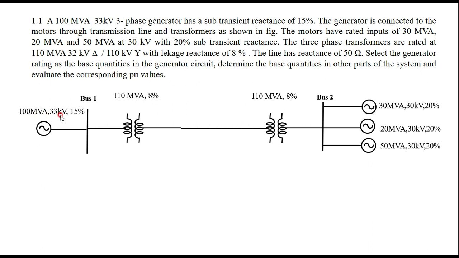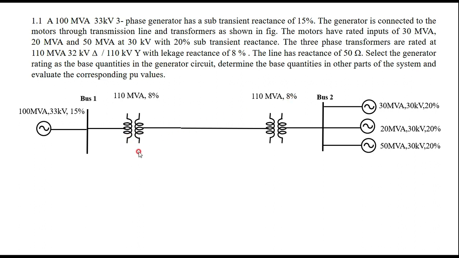It is 100 MVA, 33 kilovolts, 15%, and the 3 motors are 30, 20 and 50 MVA, operating at 30 kilovolts with a reactance of 20%, therefore 20% is written here. And the 2 transformers have a capacity of 110 MVA, therefore I have written 110 MVA, with a leakage reactance of 8%, here 8%.